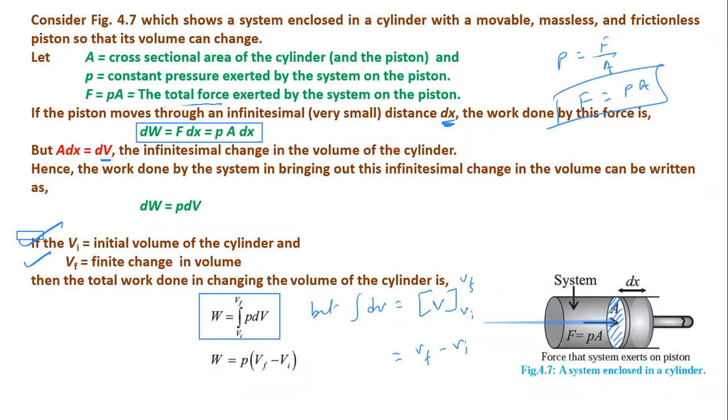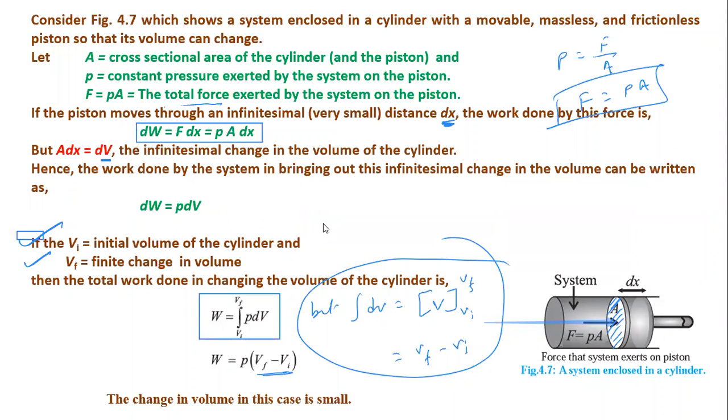This is the integration of dV, so I directly wrote it here. The pressure part stays as it is because this pressure is constant. The change in volume in this case is very small because we move the piston with a very small distance dx, so the change in volume is very small.